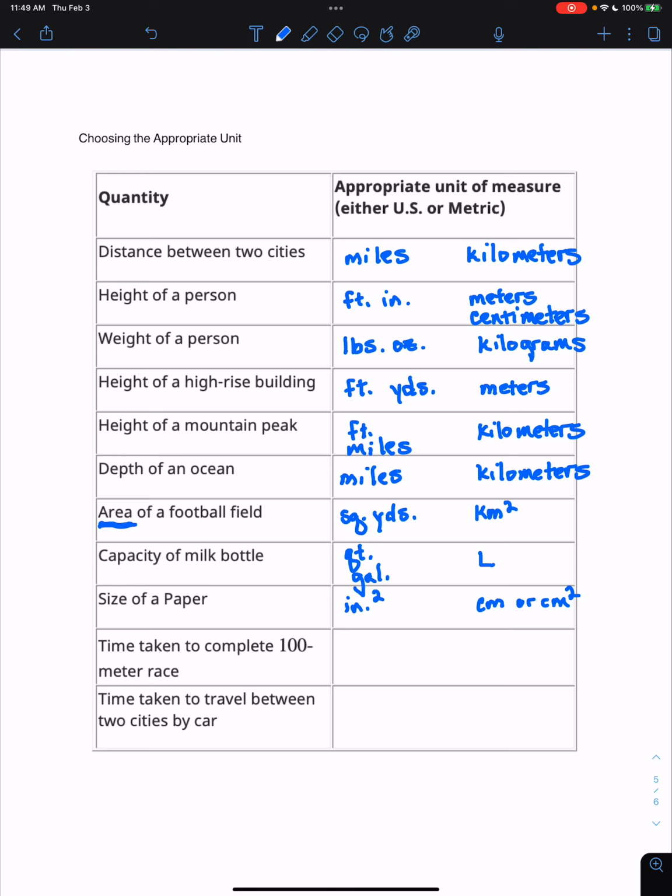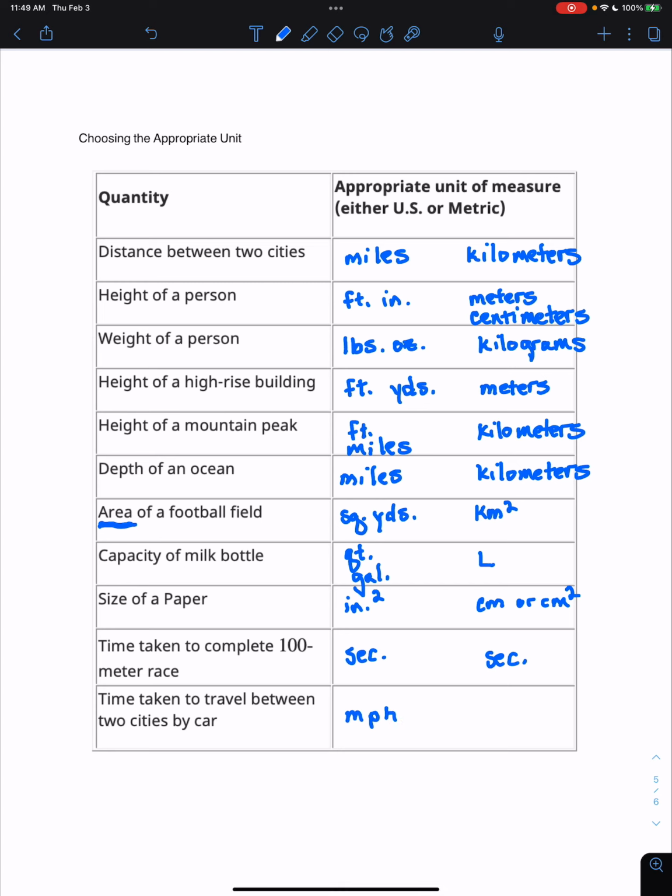Time taken to complete a 100-meter race, we'll probably use seconds. And in the metric system, we still use seconds. And the time taken to travel between two cities by car, we'll probably use miles per hour.